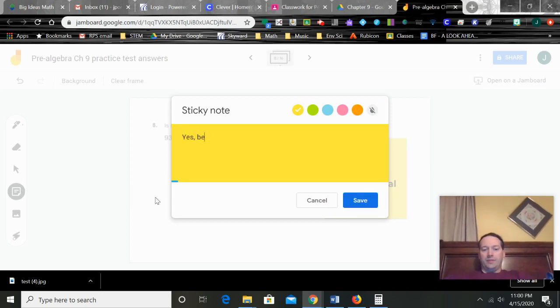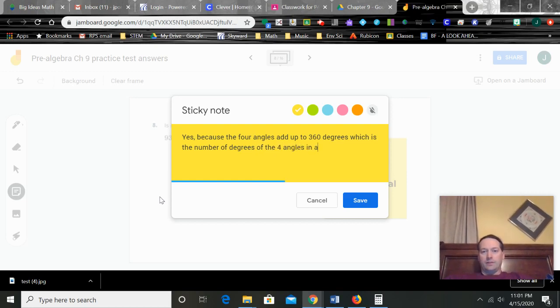In this case, yes, because the 4 angles add up to 360 degrees, which is the number of degrees of the 4 angles in a quadrilateral.